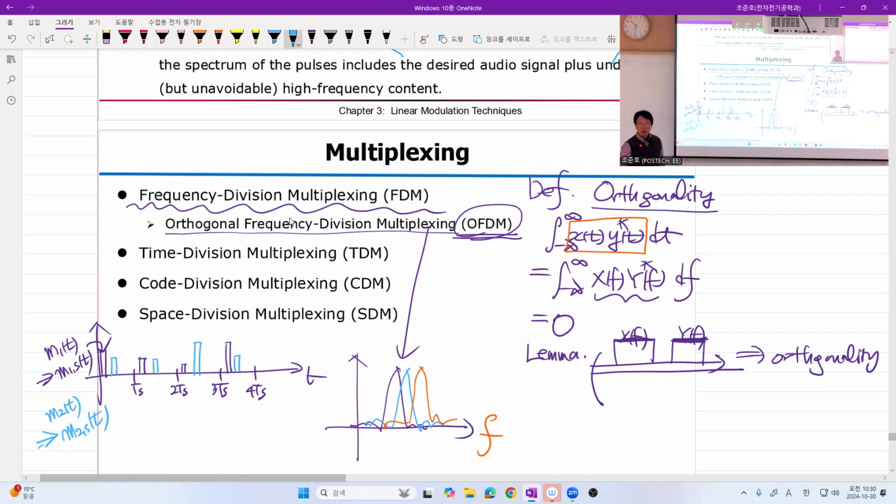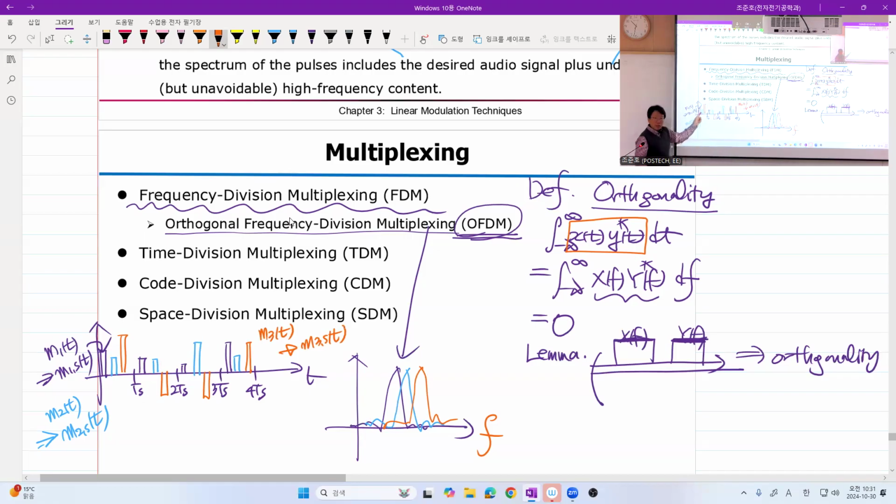These are all pulse amplitude modulated signals with pulse duration shorter than 1/3 of this interval Ts, or T if you want, right? And the third signal may be here if you allow negative value, something like that. And you have another pulse amplitude modulated signal.